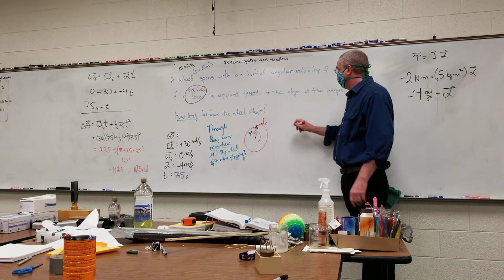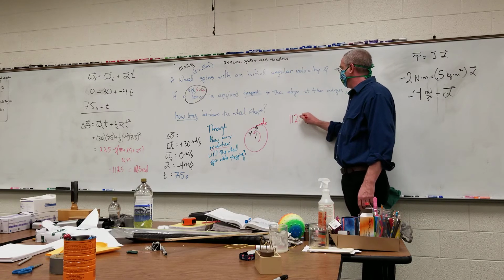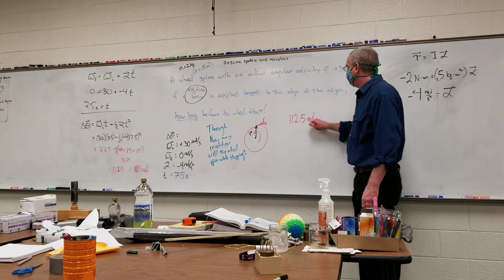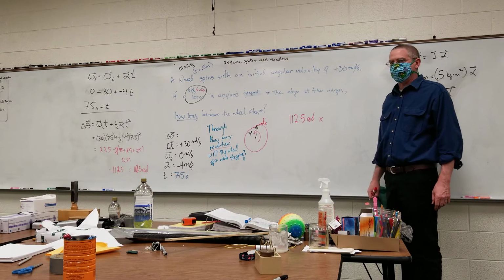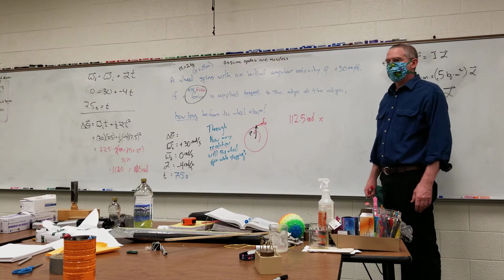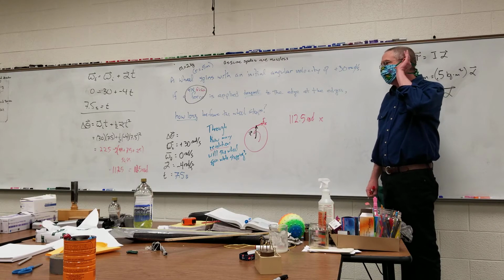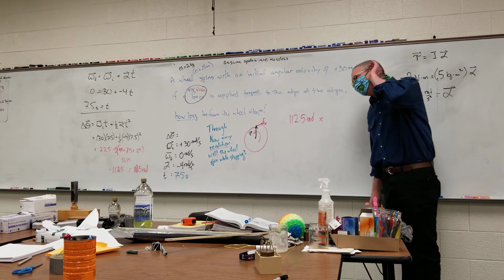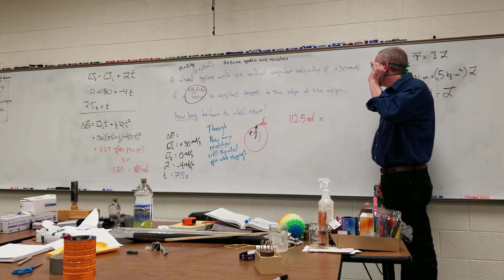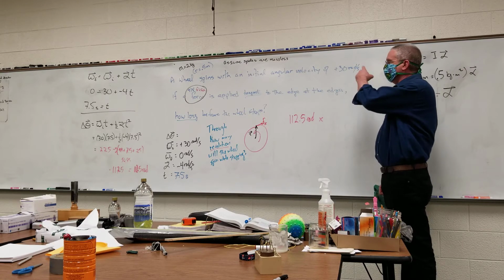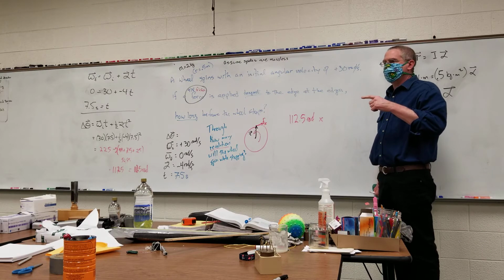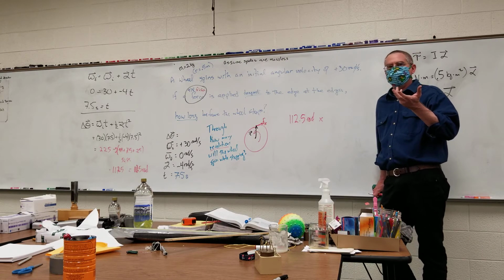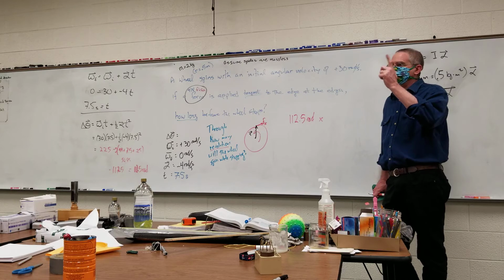It's conversion. I have 112.5 radians. Well, how many revolutions in a radian, or radians in a revolution? Isn't it 30 radians per second? Oh, that's only initial speed. This is conversion. In general, how many radians in a revolution? 2 pi. Don't forget the pi.